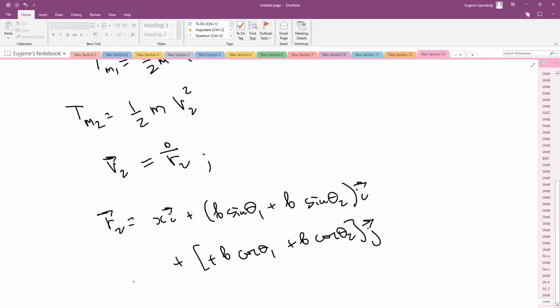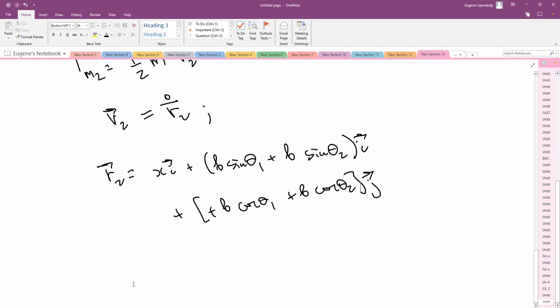Is this clear? Yes. Okay. Now we time differentiate it to get the velocity.